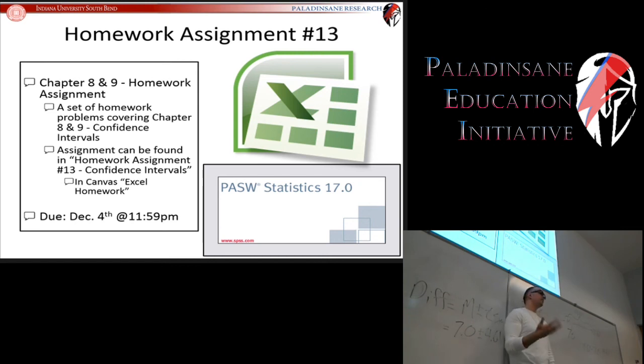It has an automatic grading scheme, so feel free to try this as many times as you need. There's no penalty for trying it over and over again until you get it correct. It is due December 4th by midnight, so you have until tomorrow by midnight to complete this, and you simply upload your completed Excel file to Canvas.